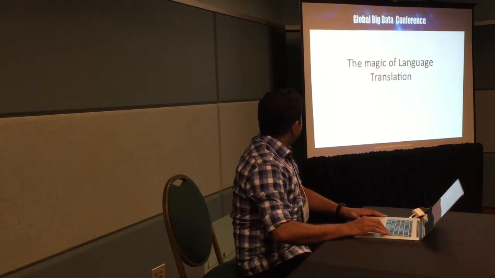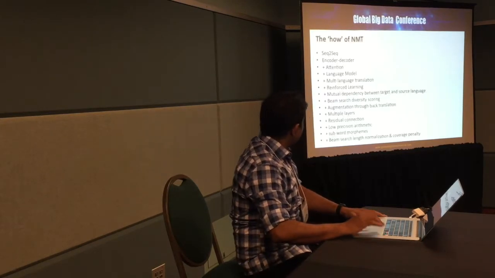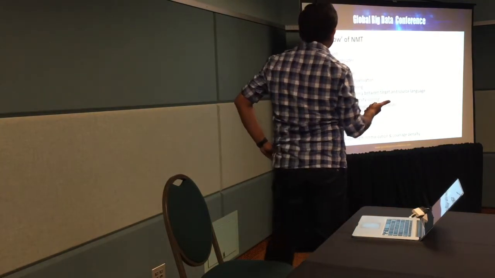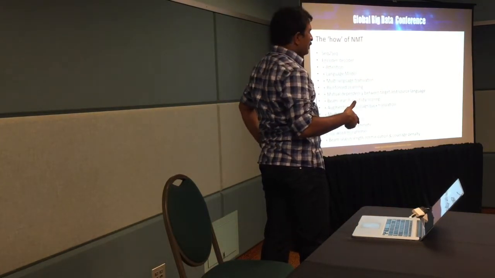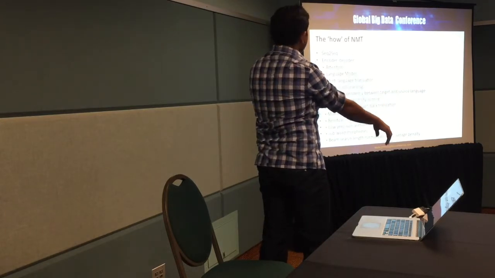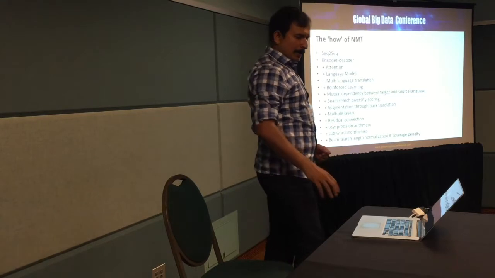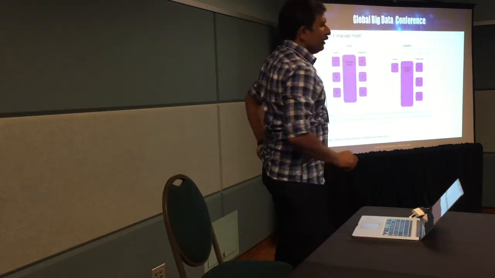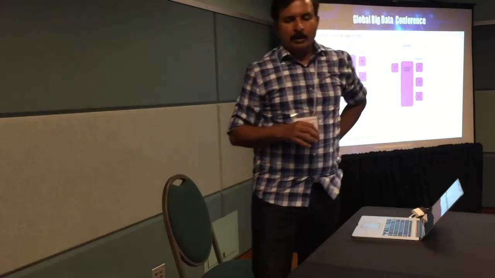If I want to talk about how to do translation, you start with the sequence, and then of course you use the encoder-decoder, and then you add an attention model on top of that. Then you also do a language model. So this is a language model. What is the meaning of a language model?